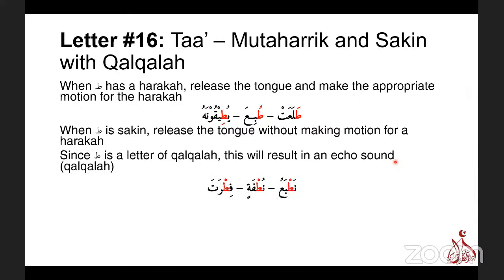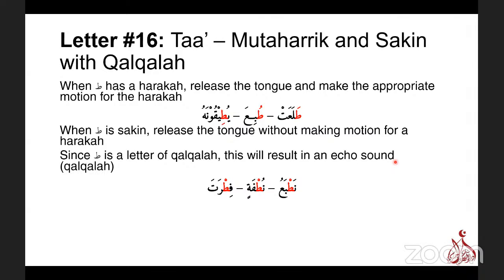For example, here we have natuda'u, natu. Basically, your tongue is tapping on that front area and then just letting go. Nothing is happening with the jaws, nothing is happening with the lips. It's simply touching and releasing. Next is with the dhamma before, but still second: nutufatin. The third one, fitrata. This word actually came today in Tarawih.